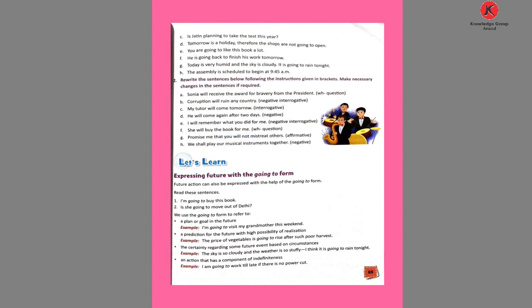Then G. Promise me that you will not mistreat others. Affirmative sentence. Promise me that you will not mistreat others. So how do you use it here? See, your verb is used. So you can use the first subject I, then you write promise. I promise, then that. Then you will not, remove not. In an affirmative sentence we cannot use not, but here we can.